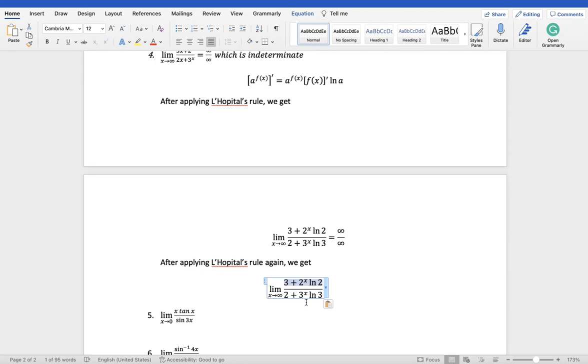Anyone with the answer? What do you get in the numerator? It's 3 exponent x ln 3. Sorry, in the numerator. You're trying to find the derivative of the numerator, right? So what do you get here?